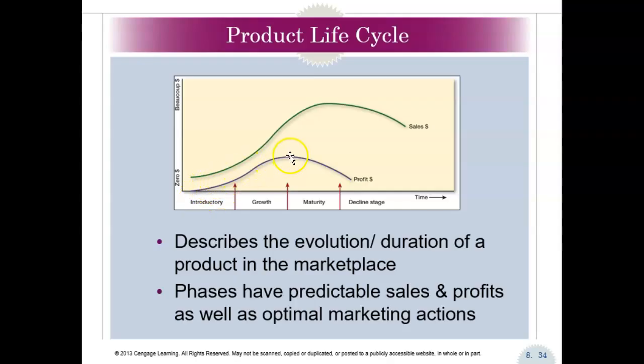Then it rides up to maturity and ultimately ends up in a decline stage. So the amount of time that it takes for all this to happen is considerably different. The sales curve that you see is in relationship to each one of those stages, as is the profit curve.